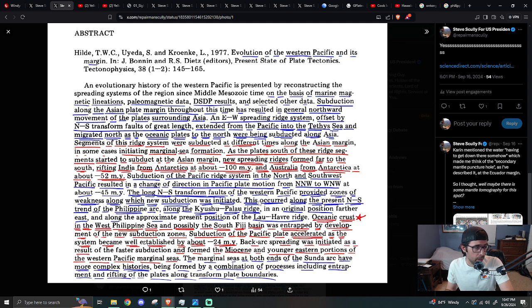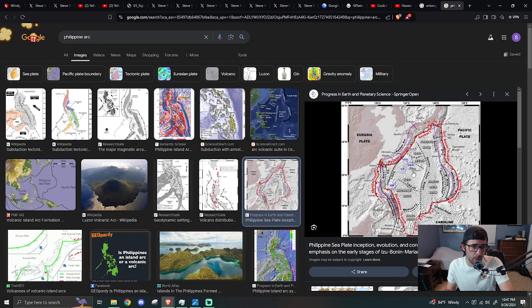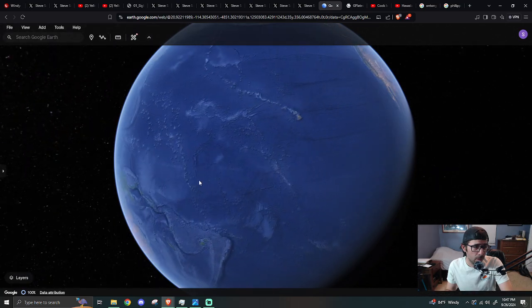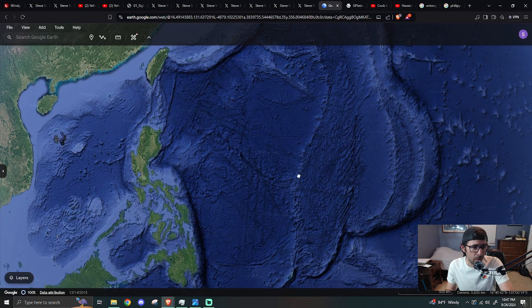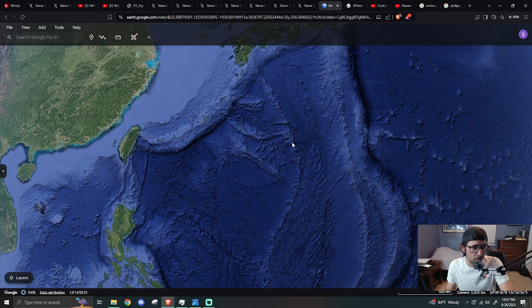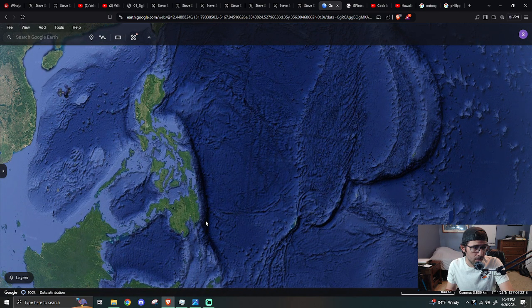Long, blah blah blah, along the Kyushu Palau Ridge, which probably was on here. Okay, that's the Florida looking segment here. So subduction along here occurred. And along here.